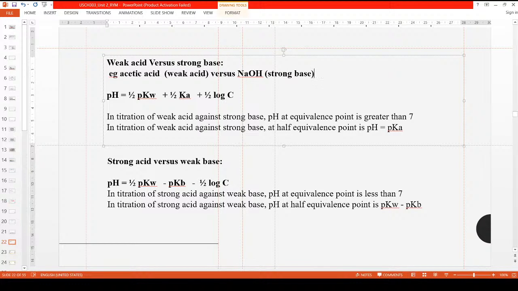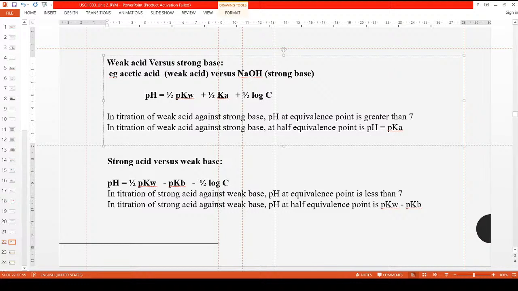So for this type of titration, the pH of solution at equivalence point will not be directly just negative log to the base 10 of the concentration of H plus ion.